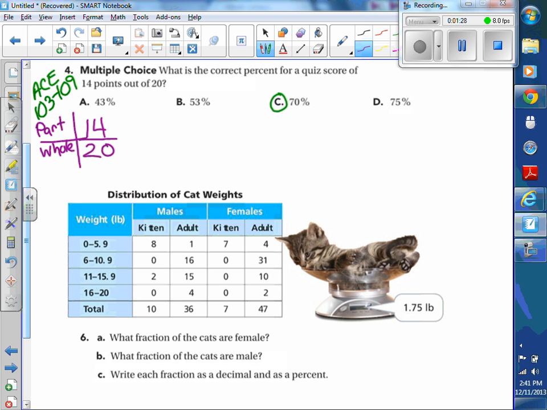You want the bottom to be 100. So 20 times what?